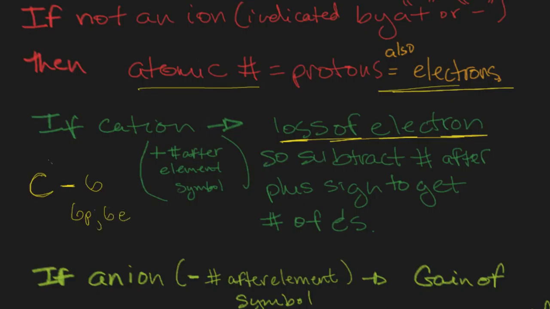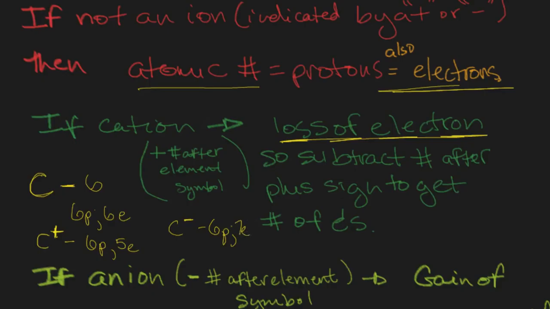Had it been a plus sign there, that means we have 6 protons and we lost 1 electron to get this plus sign, so it would be 5 electrons. Had it been a minus sign there, it would be 6 protons and we gained an electron, so it would be 7 electrons.